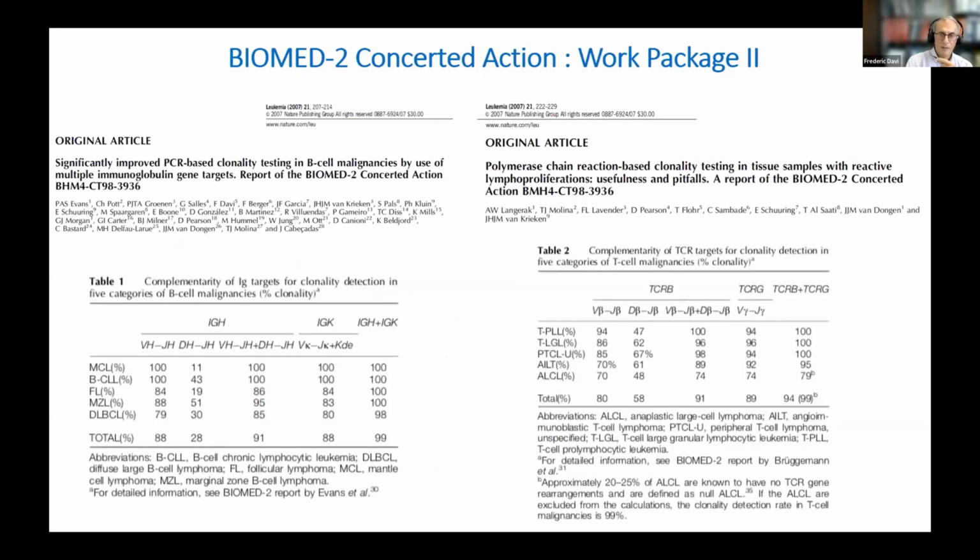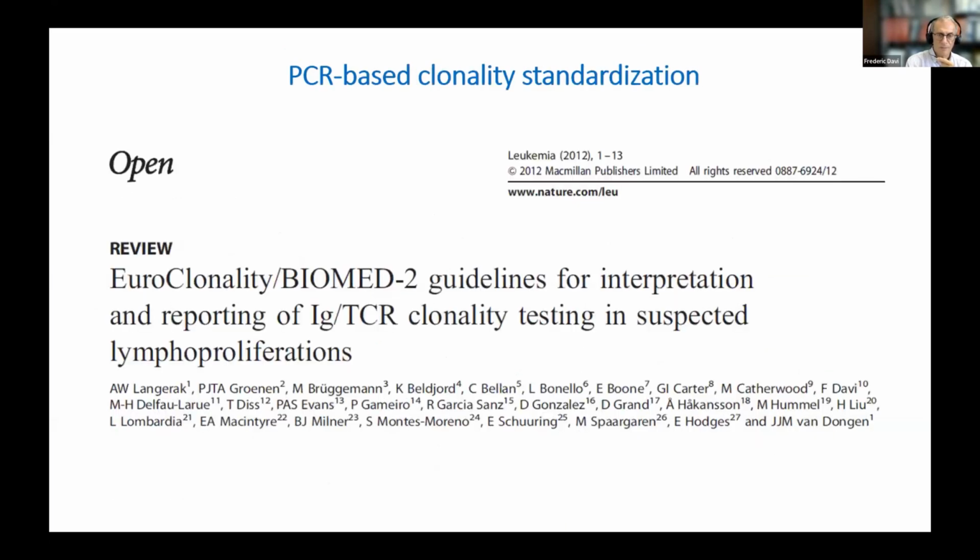And there was a work package to assess those tests in collections of B cell malignancy and T cell malignancy, with the idea that if you want to do clonality, you often have to analyze several targets, especially in B cell malignancies, because of the somatic hypermutation that could hamper the amplification of targets.